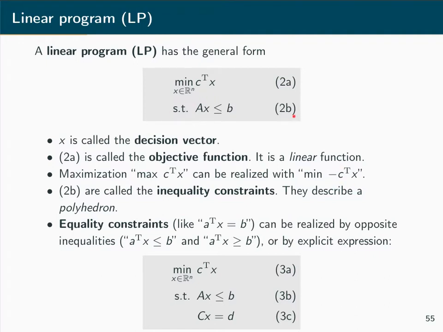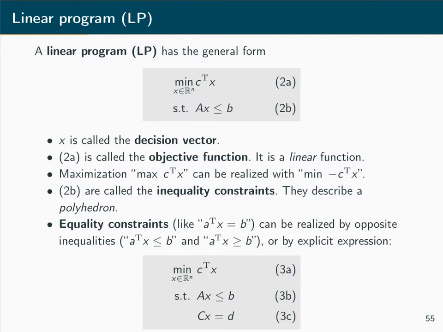The next part is what we've already seen before, namely a set of vector inequalities, and in the context of an LP, they're called the inequality constraints. As we have seen, they describe a polyhedron, or, in case it's bounded, as a special case, this could also be a polytope.